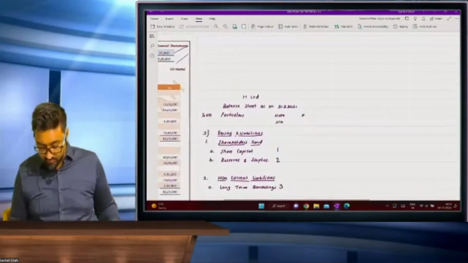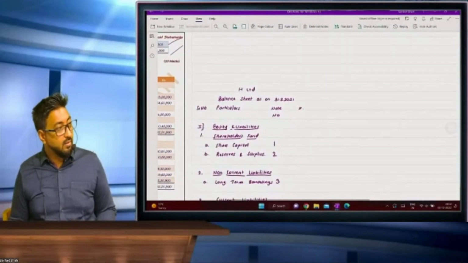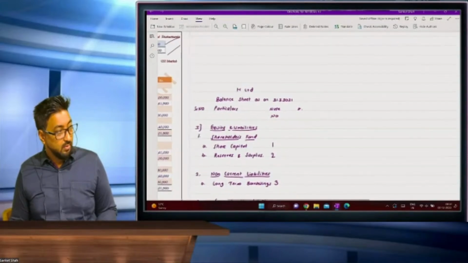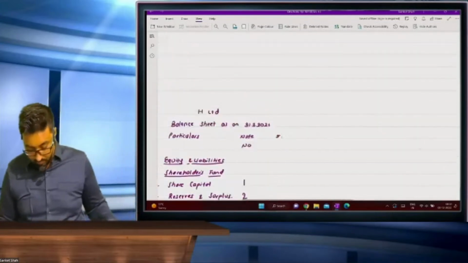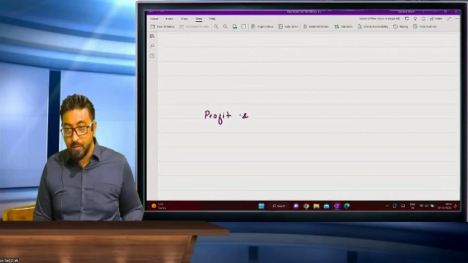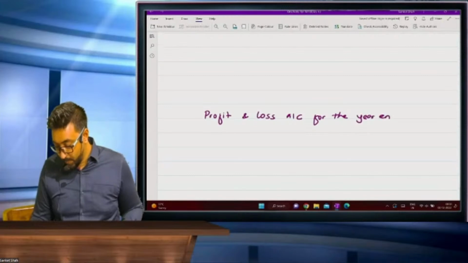Total. Profit and loss account for the year ended 31st March 21.